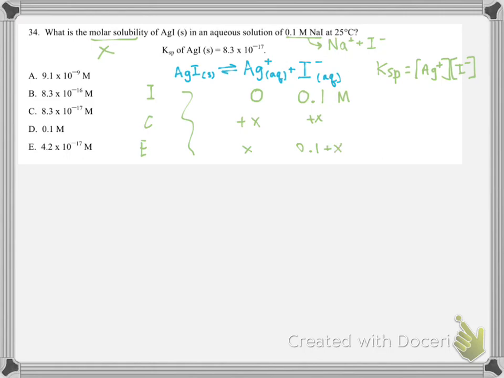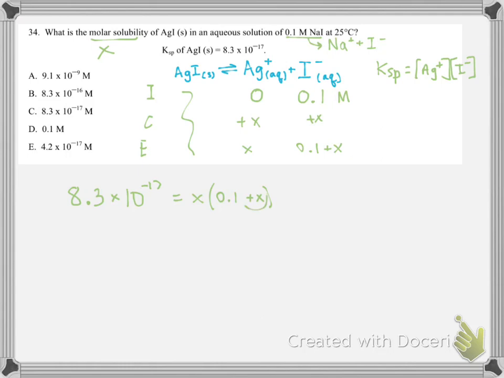And we can set up our KSP expression then. We can say 8.3 times 10 to the negative 17 is equal to x times 0.1 plus x. And so this K is really small.